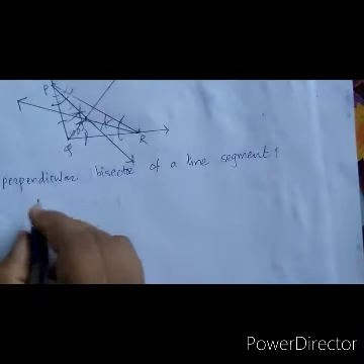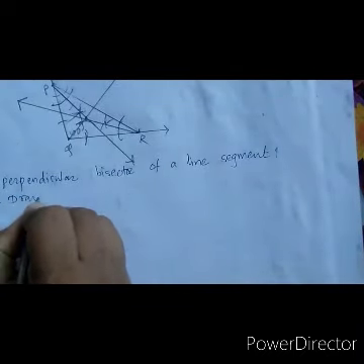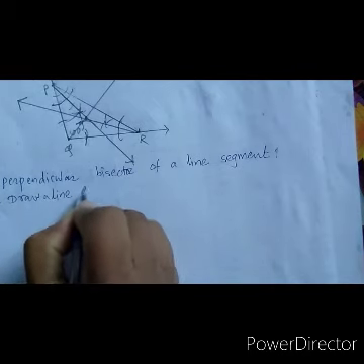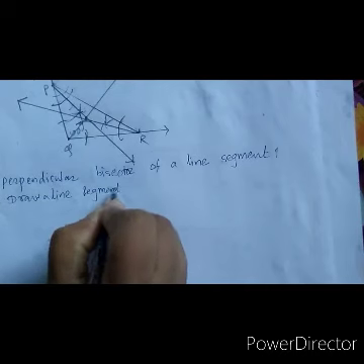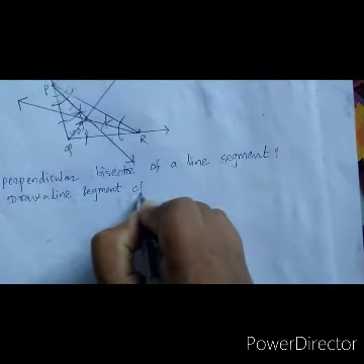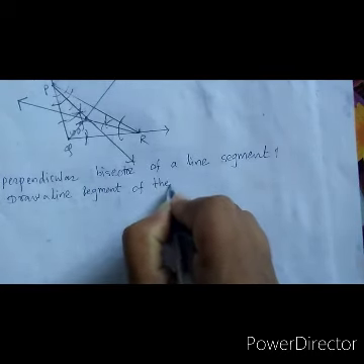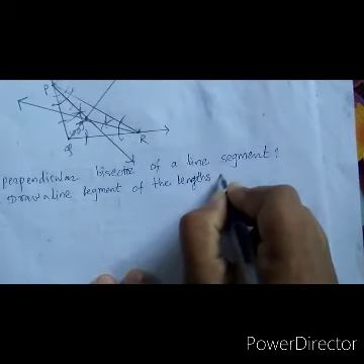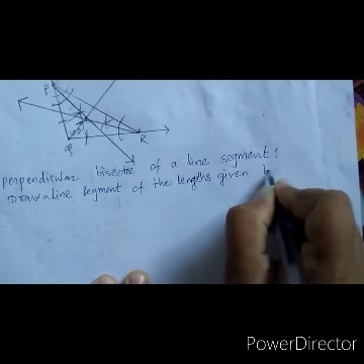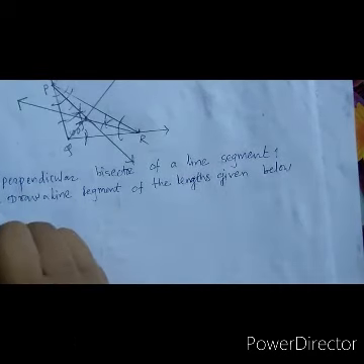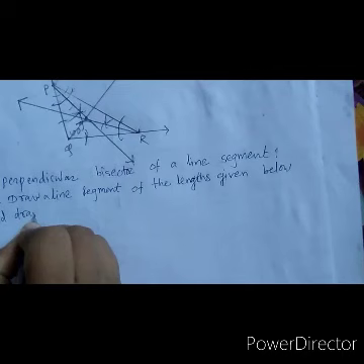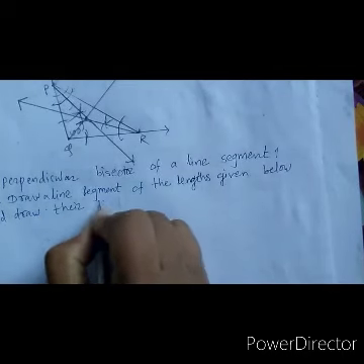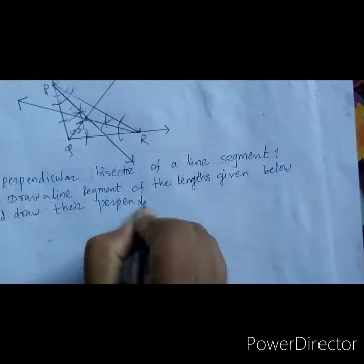Draw a line segment of the lengths given below and draw their perpendicular bisectors.